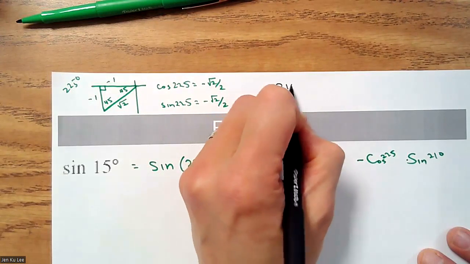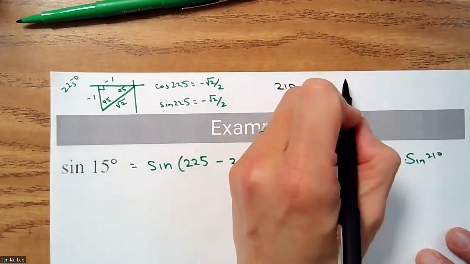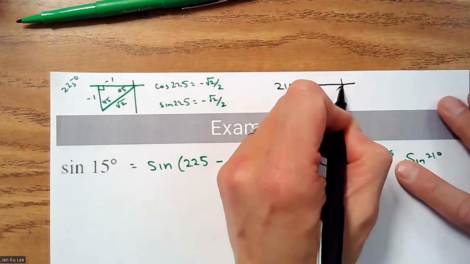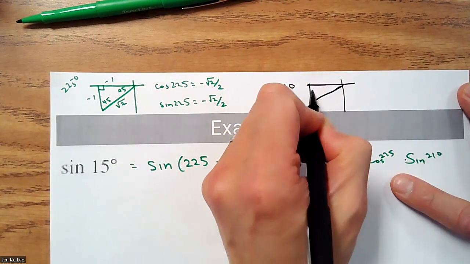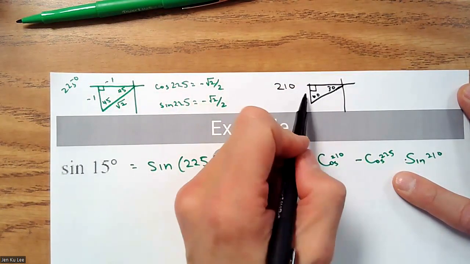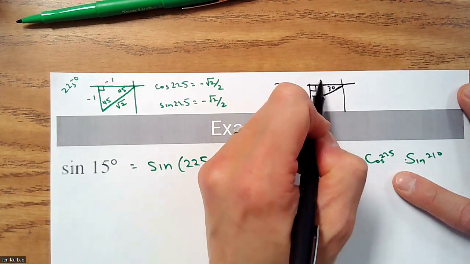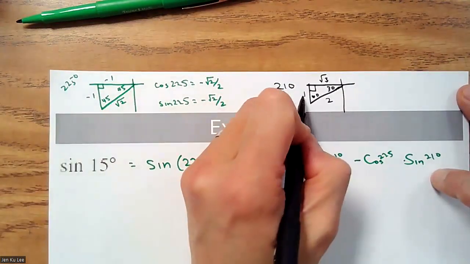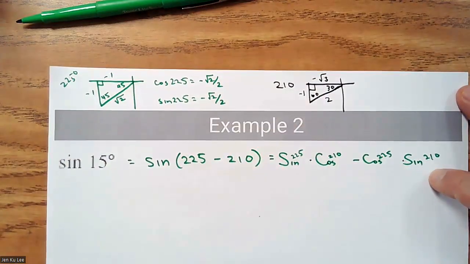210 is still in my third quadrant. It's a 30-degree angle, like here. Opposite to 30 is 1, opposite to 60 is square root of 3, opposite to 90 is 2. They're both negatives because I'm in my third quadrant.